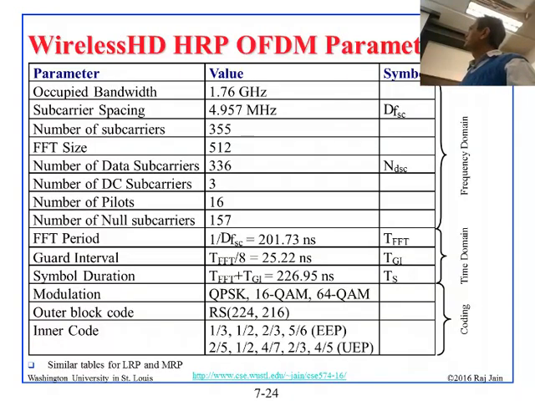In this diagram, the FFT period is 1 upon delta F subcarrier, and delta F subcarrier is 4.957 megahertz, right? So if you do 1 upon 4.957 megahertz, you get 201.73 nanoseconds. That is the FFT period.